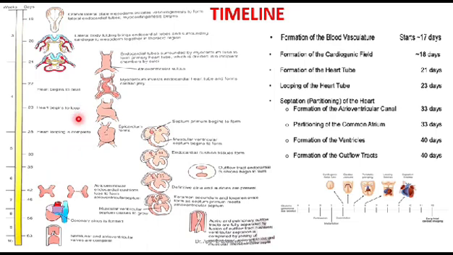So the circulation of the blood is the prime requirement for the further development of the heart, providing the nutrition to the developing organ.